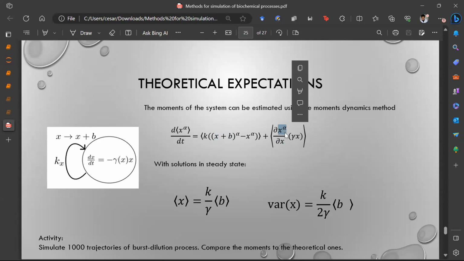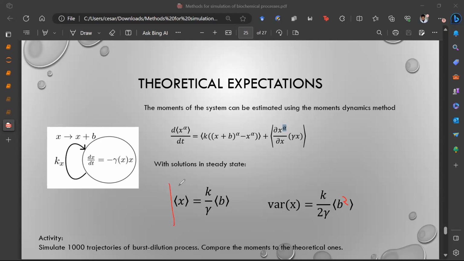So if alpha is 1, it's the derivative of x, so it's going to be 1. But if alpha is equal to 2, the derivative is 2 times x times this derivative, that is minus gamma x.